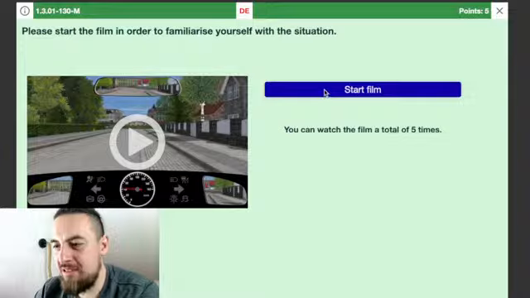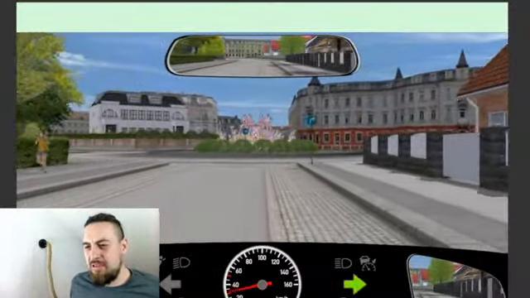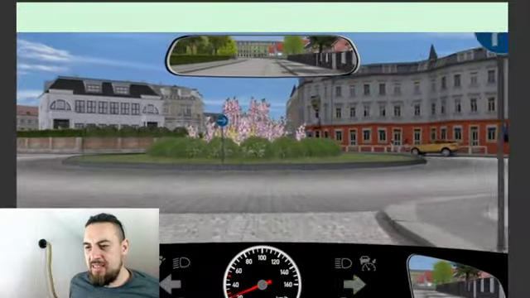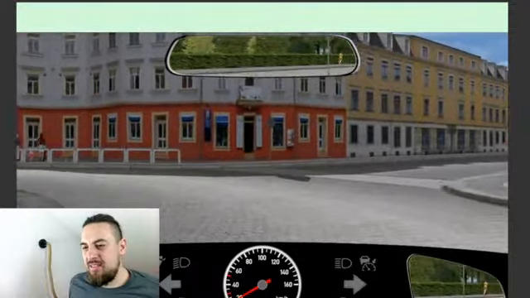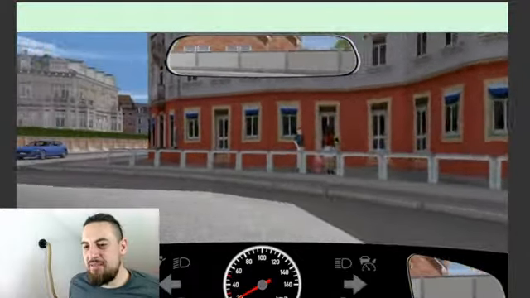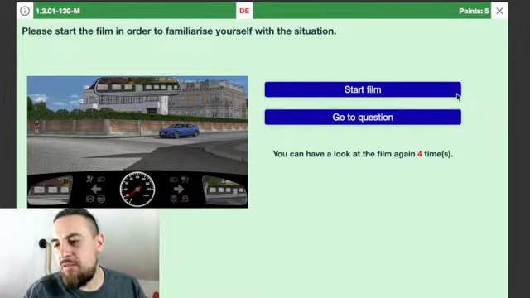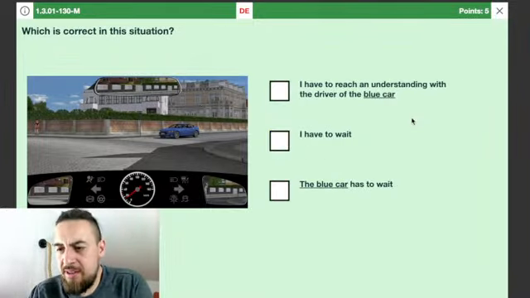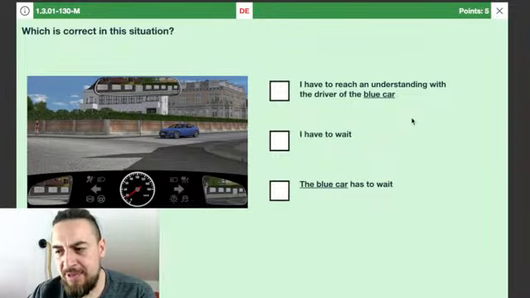Okay, let's go on with the movie here. I won't comment on it right now, to give you the chance to think by your own. All right. I will go to the question. Which is correct in this situation? I have to reach an understanding with the driver of the blue car. I have to wait.